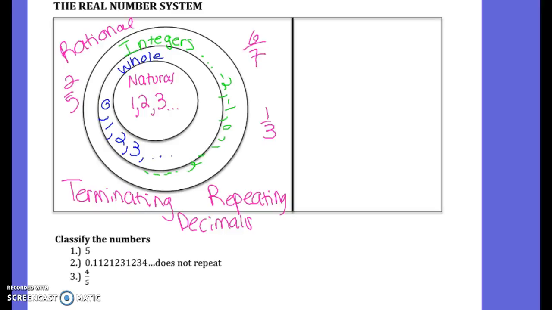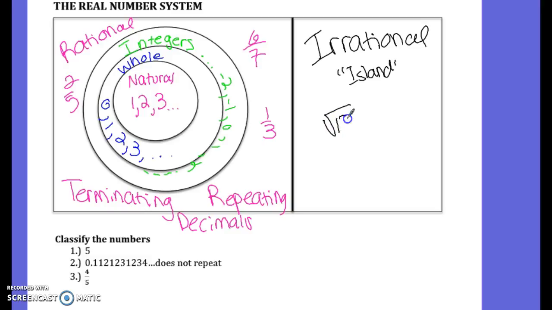Then we have over here, I like to call it irrational island. Because if it's irrational, it stands alone. It has no other names associated with it. You might have the square root of 13, pi, the square root of 52, so on and so forth.